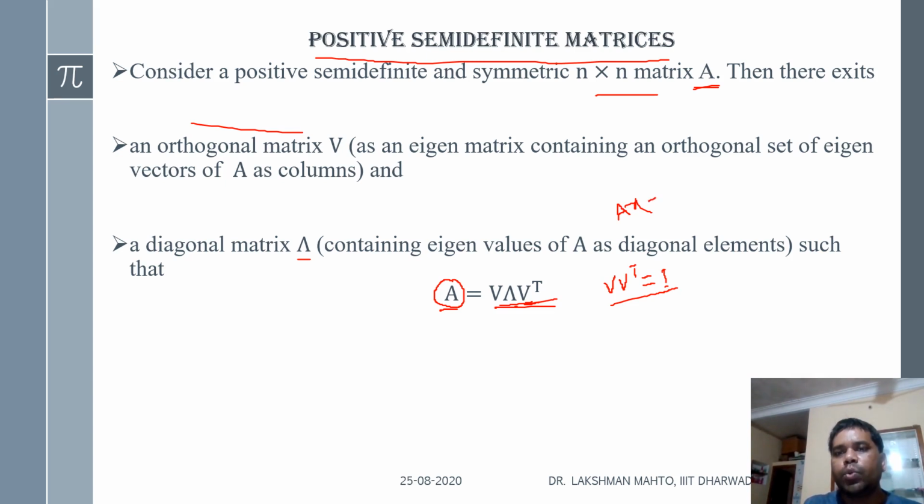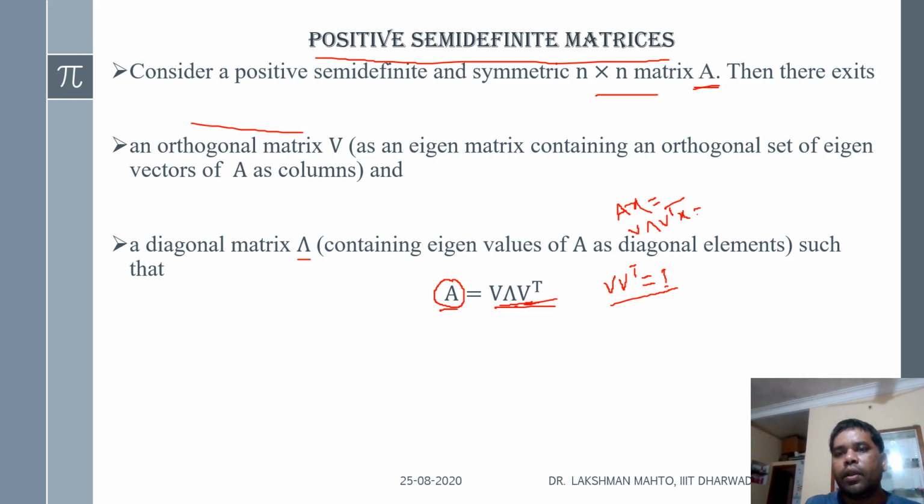Suppose we take one vector x and operate A upon it, and we want to see the resultant. We don't need to apply A directly. First we apply V transpose, that means an orthogonal operation over x.